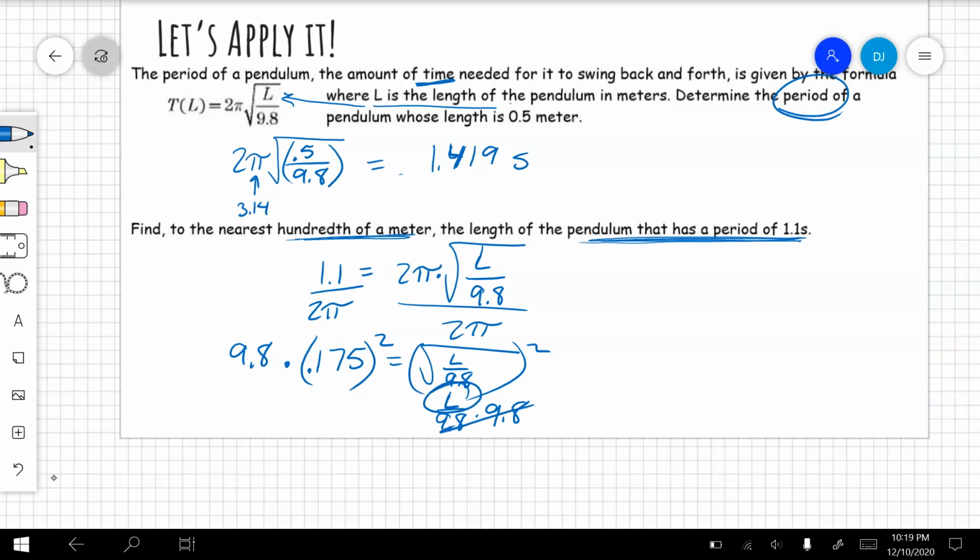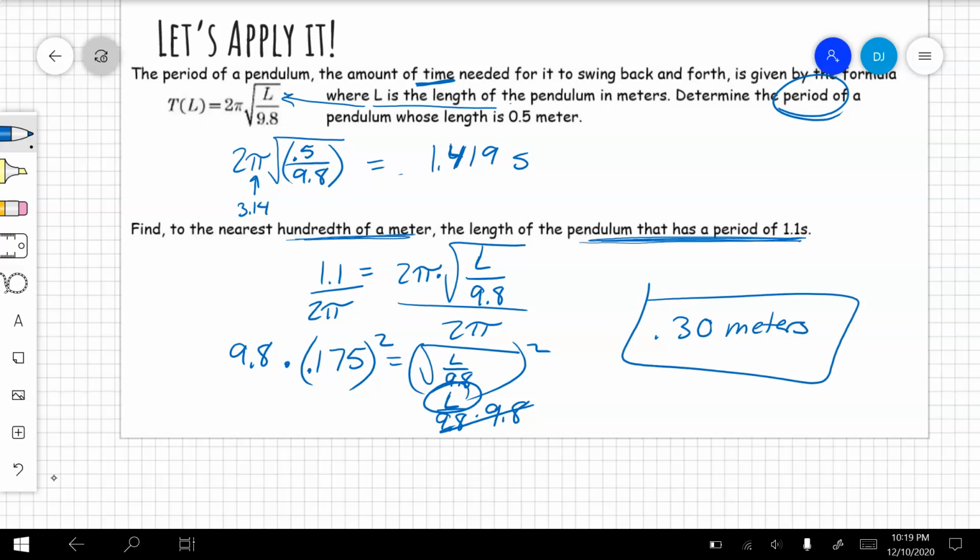So we're going to multiply by 9.8, and that's going to give us 0.30036. But if we're rounding to the nearest hundredths of a meter, remember that's 2 decimal places out, so that would be 0.30 meters.